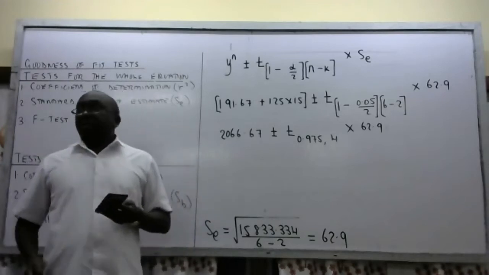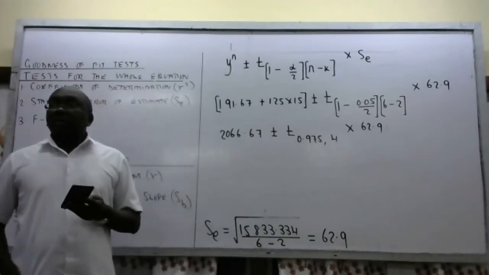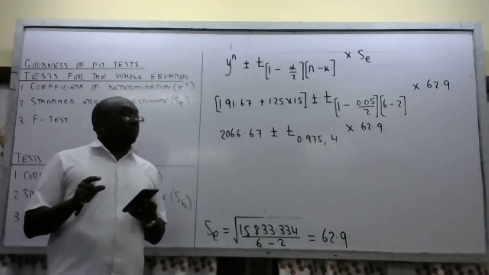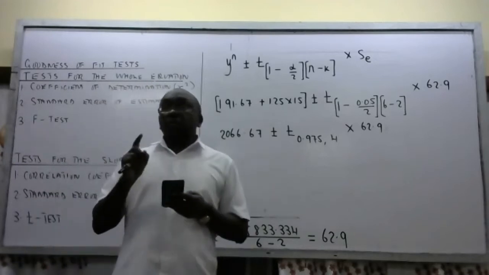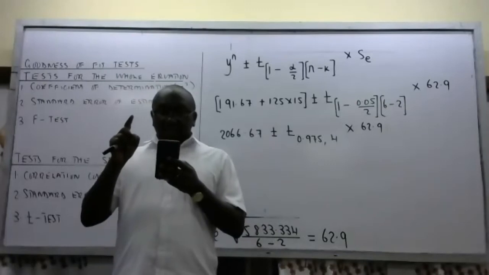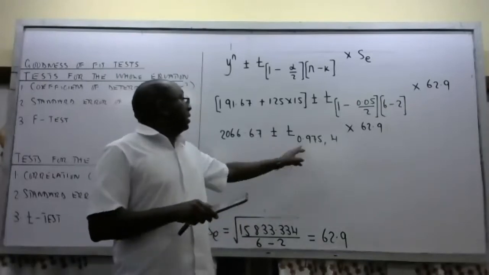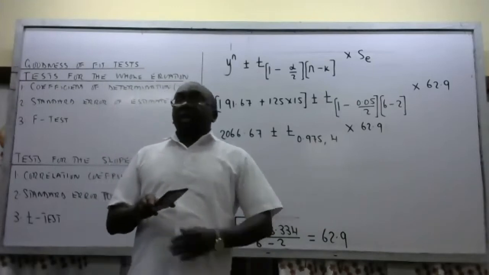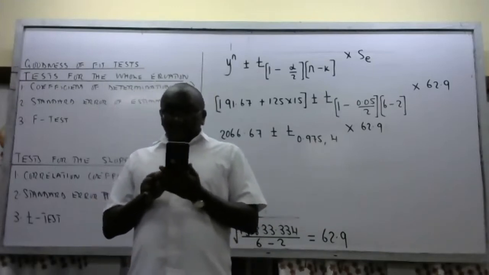It's on page 67. That's all. Page 67. And this table is slightly different from some of the tables we are used to. The ones most of us are used to have the title of T 0.975. But you can see this one does not have such.